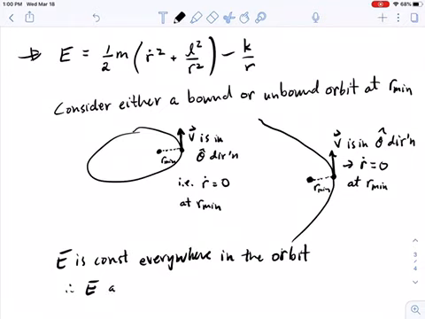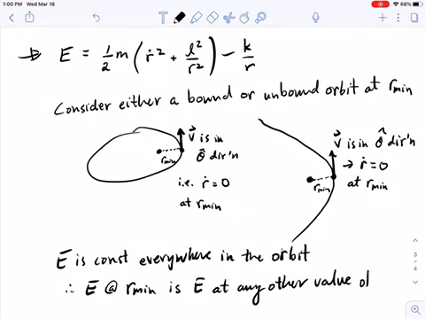Therefore, E at r min is E at any other value of r as well. So all we're going to do is go to this expression here, and I'm going to set r dot equal to 0, and I'm going to set r equal to r min, and that must be what the mechanical energy is.